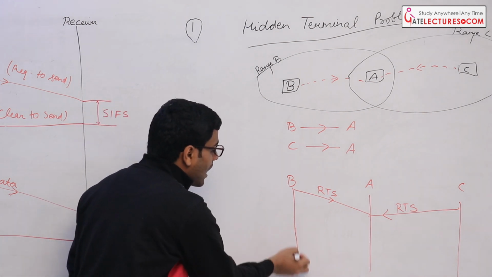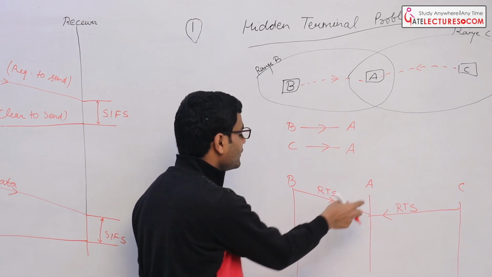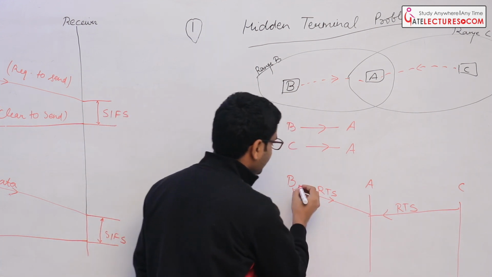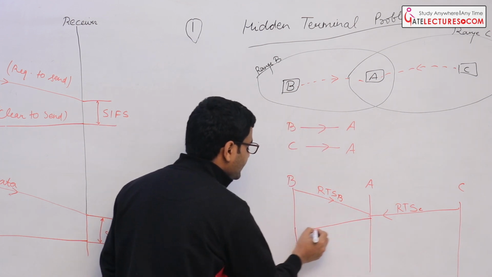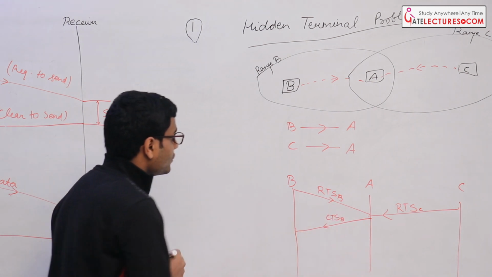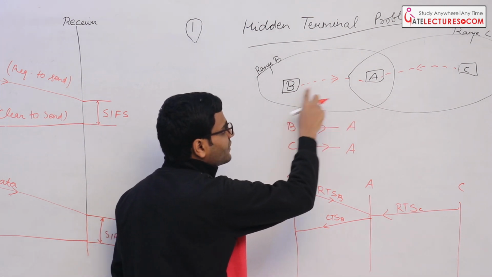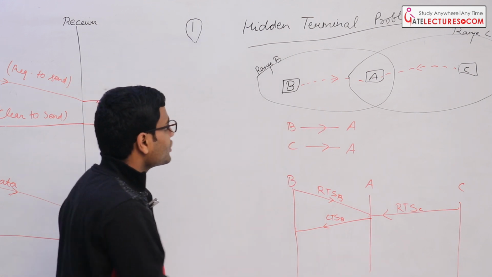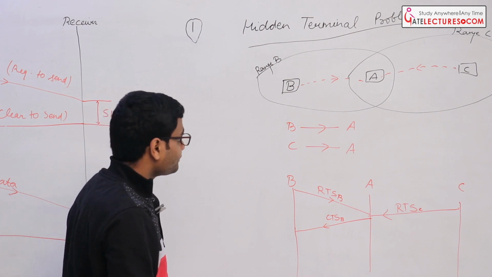After listening to the RTS signals from both sides, A decides whose packet it wants first. Suppose this is RTS B and this is RTS C. It will send a CTS signal to B. So these two stations, since they want to communicate with A, first send an RTS signal to A, and A decides which request it wants to accept and sends a CTS signal for that.